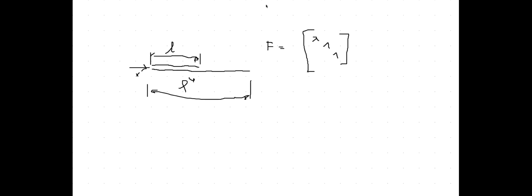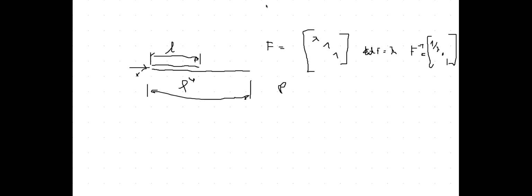We said that the value of P, so here the determinant of F is equal to lambda, and then F minus 1, F minus transpose is simply 1 over lambda. Here's 1 and 1, and all the others are 0.